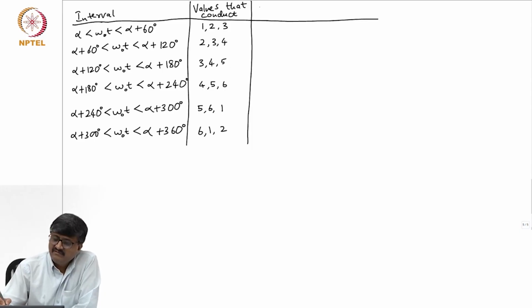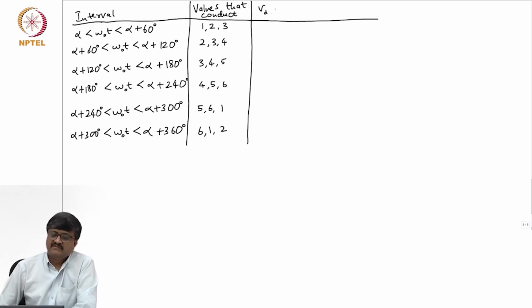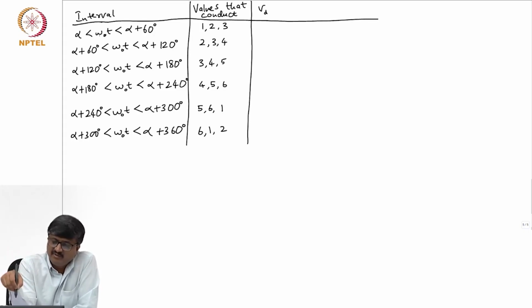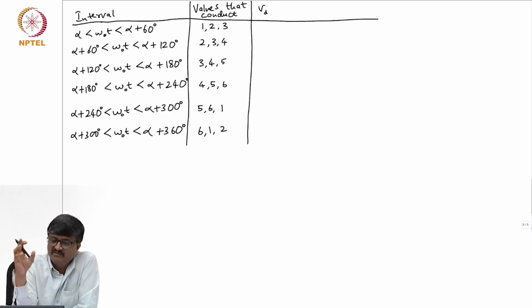Then if I want the instantaneous DC side voltage Vd, we already know the expression for Vd in the first interval, we just derived. But we also know the expression for Vd when we know what are the valves that conduct from the previous 2 tables, that is the table for 2 and 3 valve conduction mode or the table for 3 and 4 valve conduction mode.